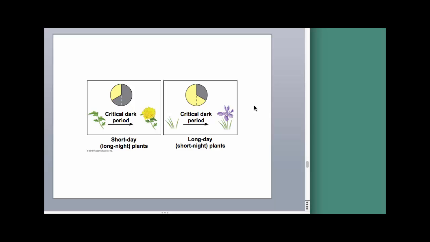Some of the first plants that we see come out and bloom in the springtime in the northeast United States are actually daffodils. When we look at those, they're what we consider a short day plant. They're going to become active, germinate, and bloom during still relatively short days.